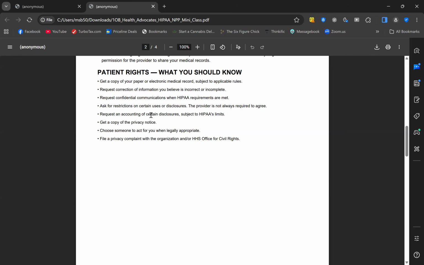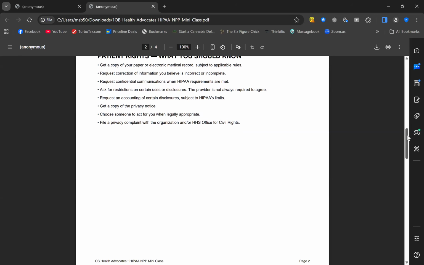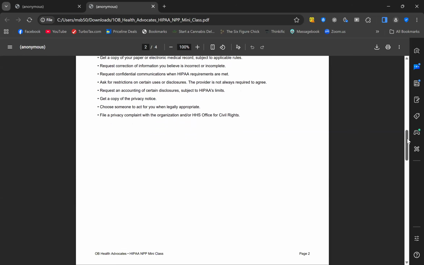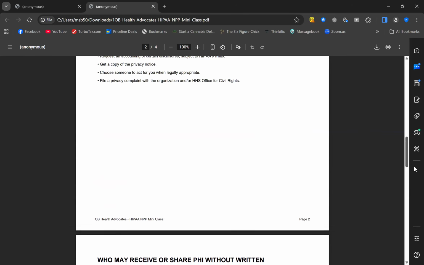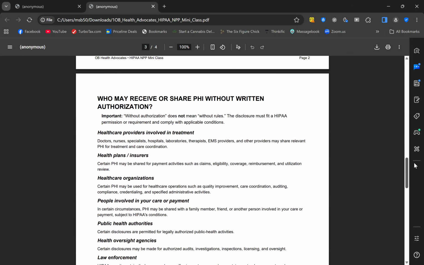Request an accounting of certain disclosures, subject to HIPAA limits. Get a copy of the privacy notice. Choose someone to act for you when legally appropriate. File a privacy complaint with the provider and or the HHS Office for Civil Rights.